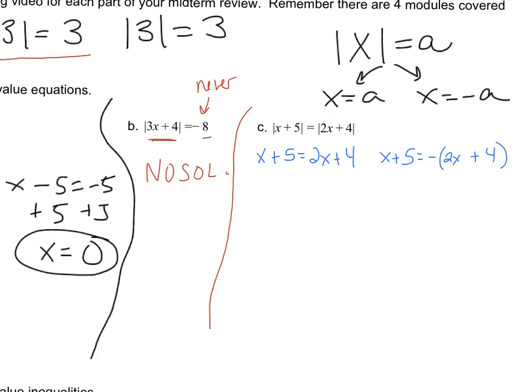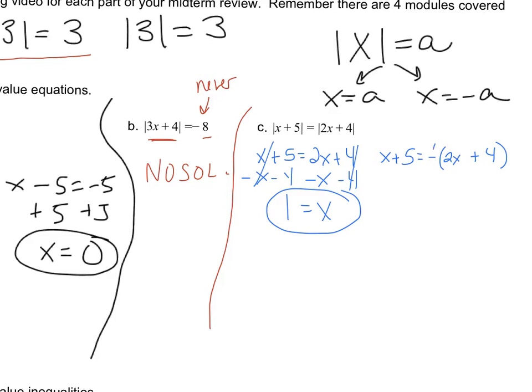We're just taking it with the positive and with the negative. So for this one, I'll just take away x, and I'll take away 4 to balance the equation. So these go away. This would leave me 1x equals 1. So 1 would be one of my solutions.